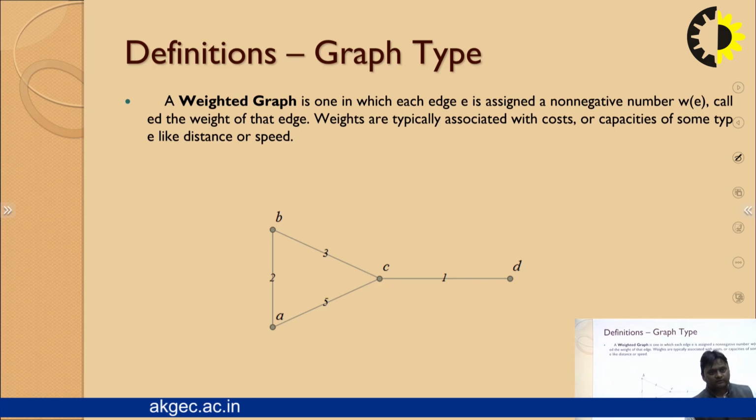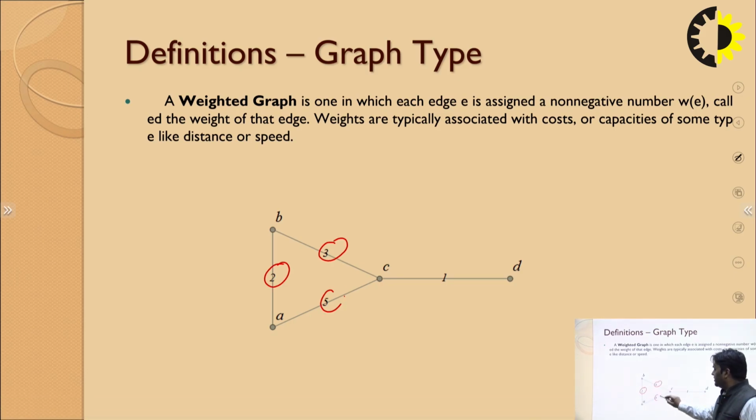Weighted graph: if a weight is assigned between two vertices, then the graph is known as a weighted graph. Here every edge has a weight, meaning we can say the distance or weight from B to C. This is a weighted graph.